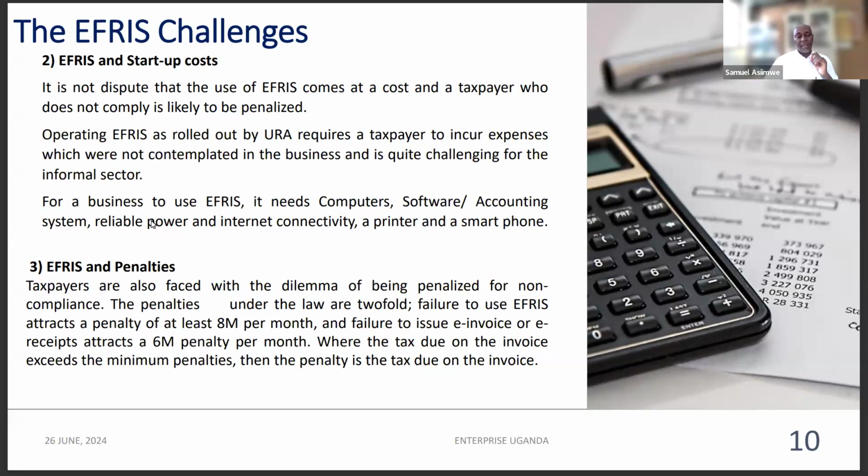You'll find that the government takes the maximum. It will no longer consider the 8 and the 6, but it will consider the 10 million, which is above. And that is the dilemma with EFRIS and the penalties. The fourth one is EFRIS and the opening stock.